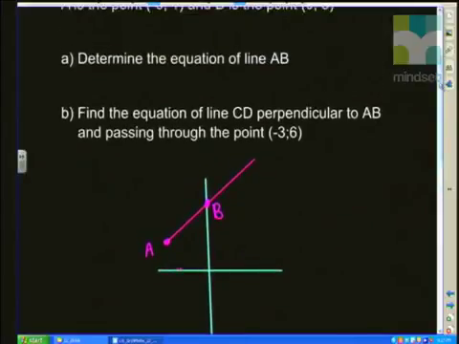Now remember, whenever you're looking for the equation of the line, you need 2 things. You need your gradient, and you need a set of points, some coordinates.